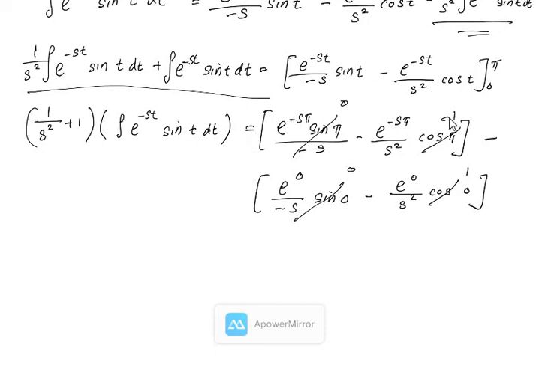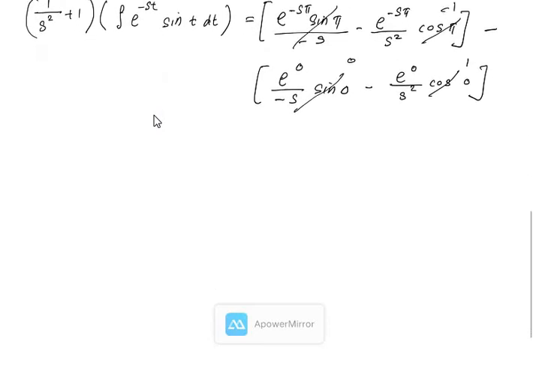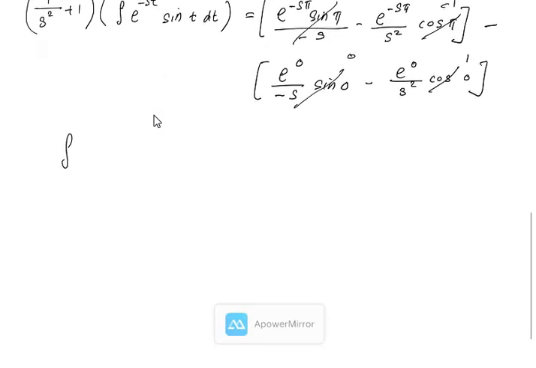So here I just left this part. I have positive e to the negative s pi divided by s squared. And this one is 0 and also this part. Minus, minus you get plus 1 over s squared. So this one I can move to the right hand side. On the left hand side I just left the integration of e to the negative st sine t dt.